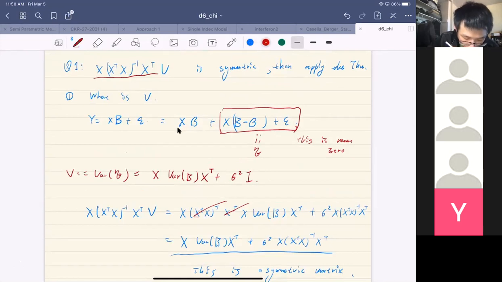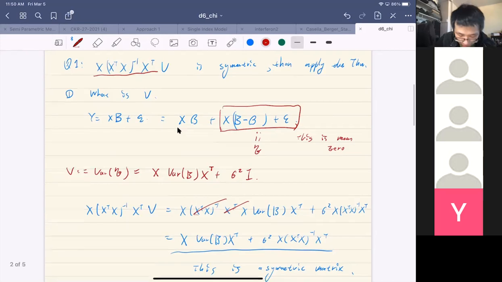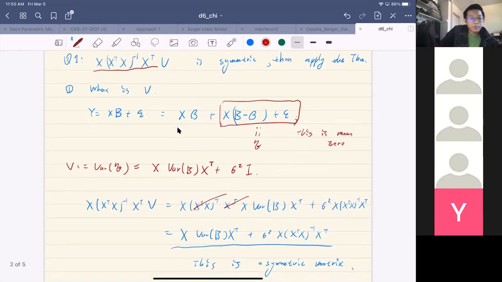So if you have XB plus epsilon, the variance of that is X variance of B X prime plus the variance of epsilon, plus a covariance term. Maybe it's because of the two times covariance. Oh, okay, you mean this term? Yes. Oh yeah, sorry, you're right.